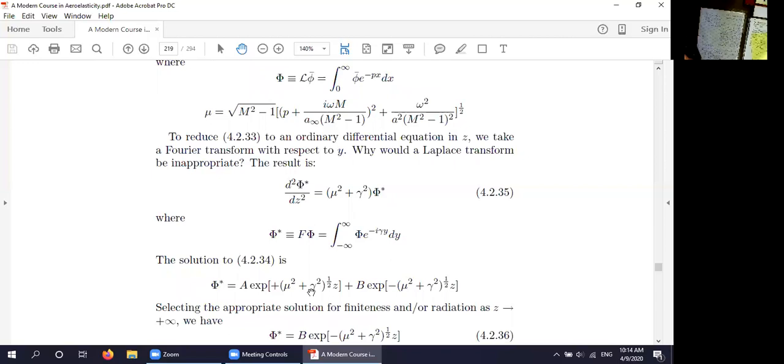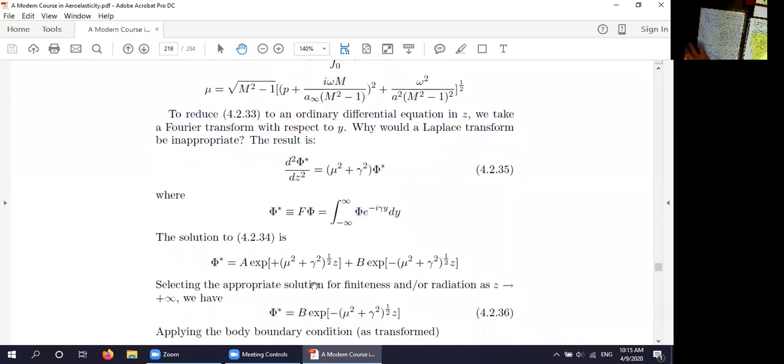It looks very much like what we did in 2D flow, except we have this extra factor, gamma, floating around, which is the Fourier transform variable with respect to y. Again, formally, we're going to think of this solution blowing up as z becomes large and positive, and we don't want that to happen, so we throw that part of the solution away.